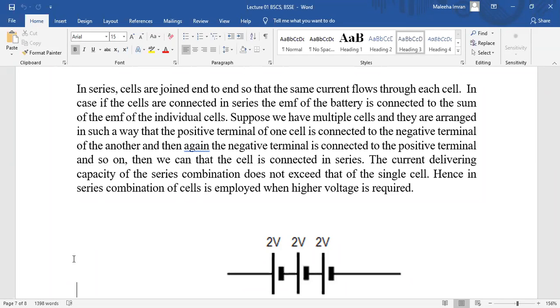इसका मतलब क्या हुआ? इसका मतलब ये हुआ कि जब आप सेल्स को सीरीज में प्लेस करते हो then the voltage will increase but the current remains constant like this.